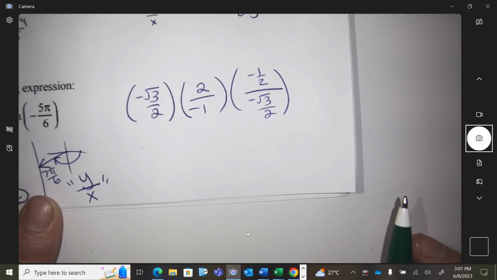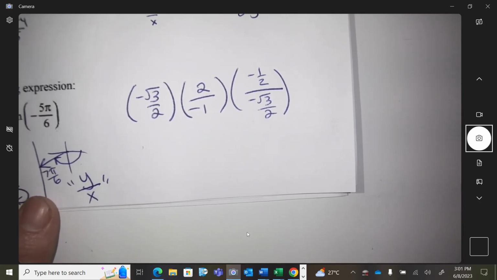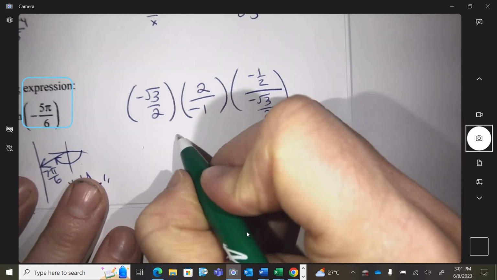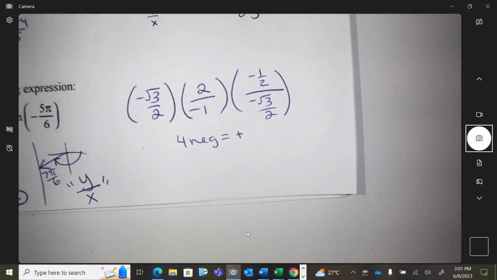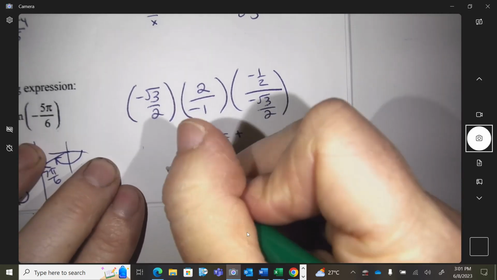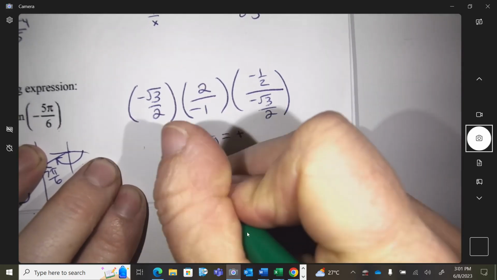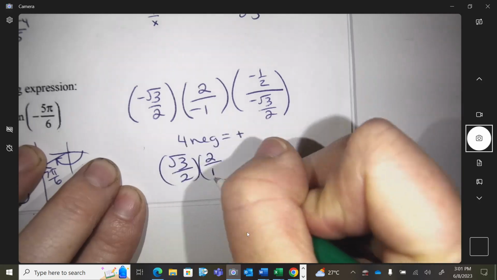Okay, that was good. We're going to solve it or evaluate it now. Who can tell me if my answer is positive or negative at the very end? Positive. 4 negs make a positive. So I had multiplying and dividing with 4 negatives. This is going to be positive. Okay, so forget the signs now.